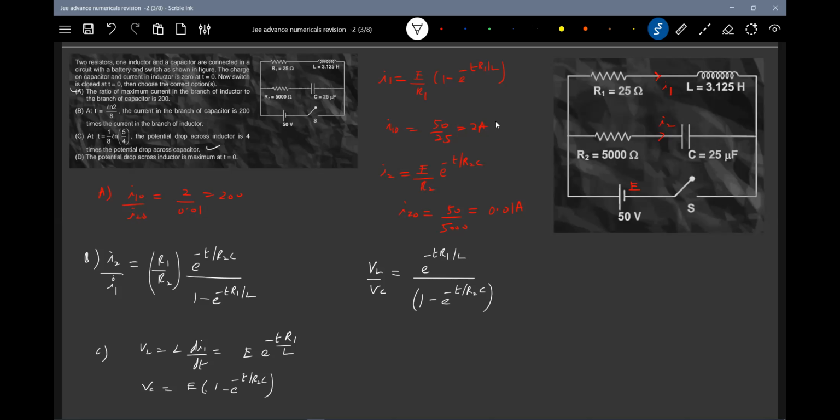The potential drop across the inductor is maximum at T equals 0. I think that's correct, no? Because at T equals 0, inductor will behave like an open circuit, and capacitor will behave like a short circuit. So therefore, this drop will be maximum.